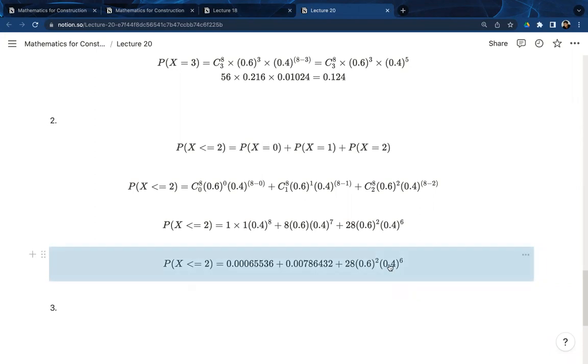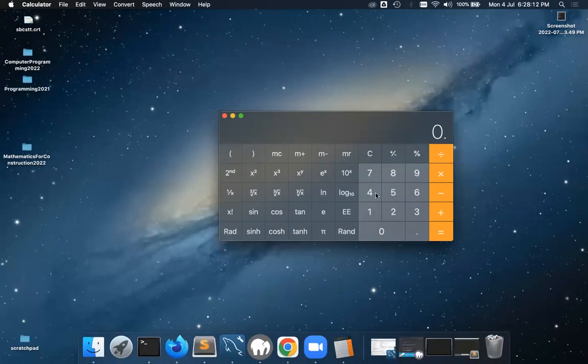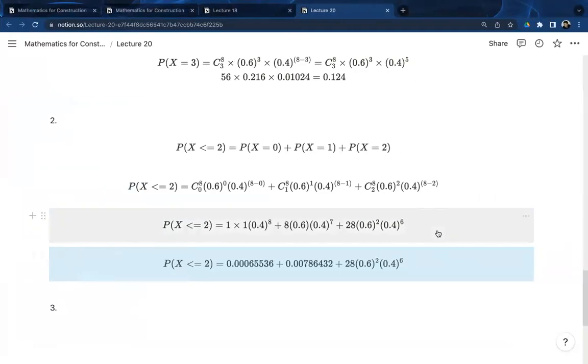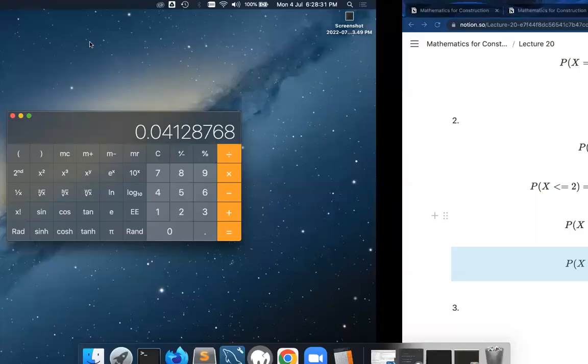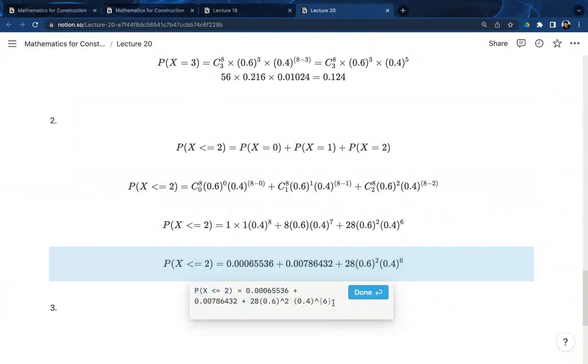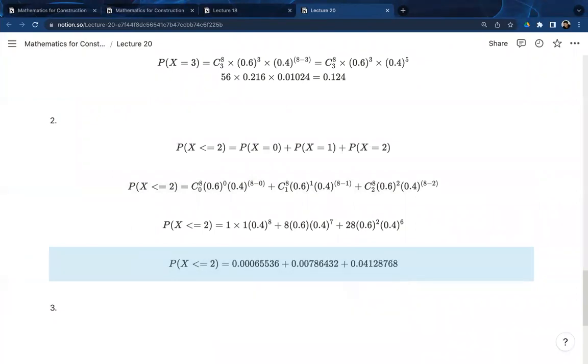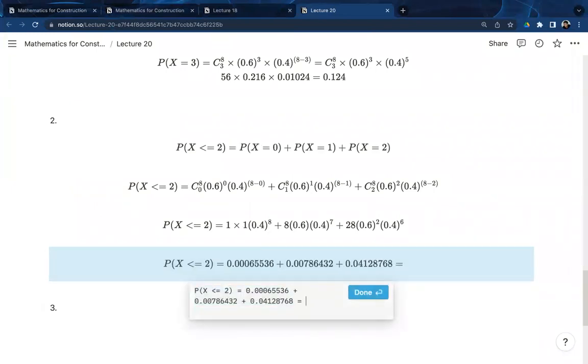Then this one, 0.4 to the power 6, multiplied by 0.6 squared, multiplied by 28. You can add up these things, right?